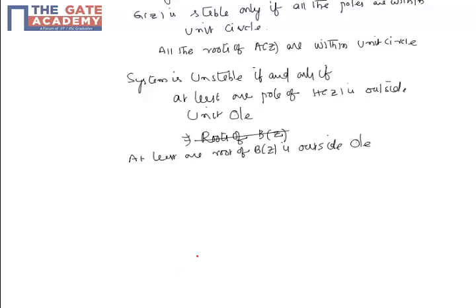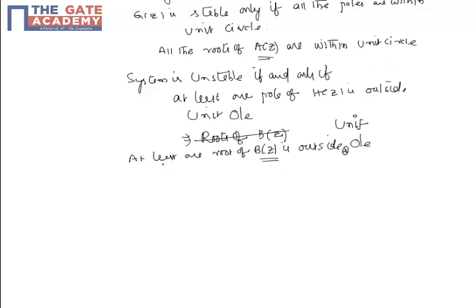So these are the two conditions to make the inverse system stable and the system unstable. At least one root of B(z) is outside the unit circle, but all the roots of A(z) are within the unit circle.